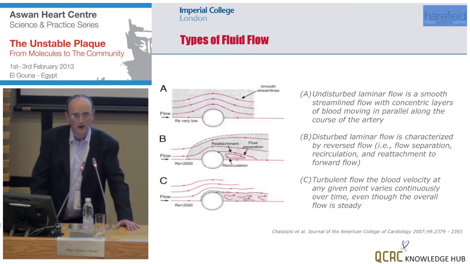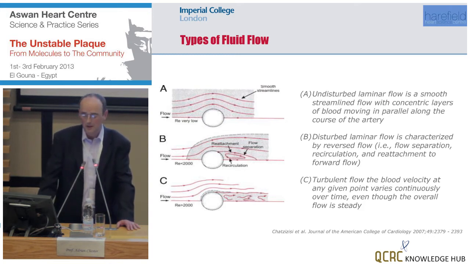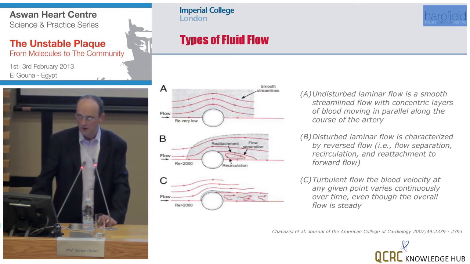Different types of flow may occur in the vascular tree. There is the so-called undisturbed laminar flow, a streamlined flow pattern with concentric layers of blood moving in parallel lines, which causes high shear along the endothelial surface of vessels.